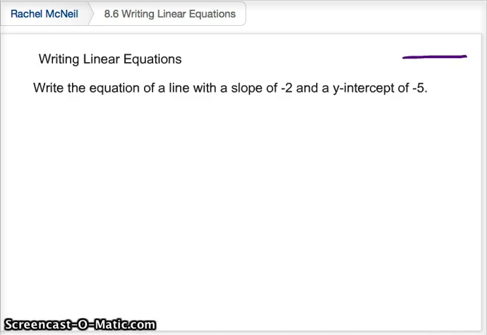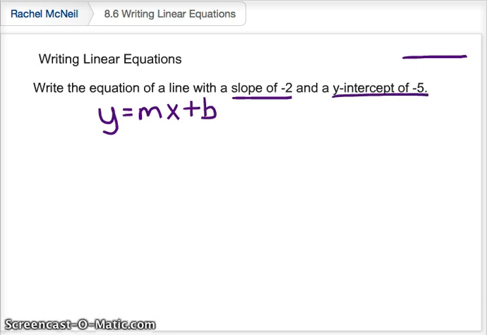Write the equation of a line with a slope of -2 and a y-intercept of -5. This problem is not that challenging if we remember that we have our slope-intercept form, y equals mx plus b. I want to make this into a linear equation with a slope of -2 and a y-intercept of -5.